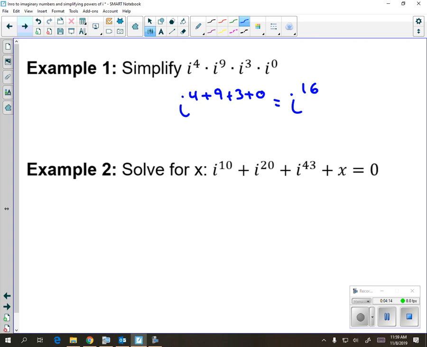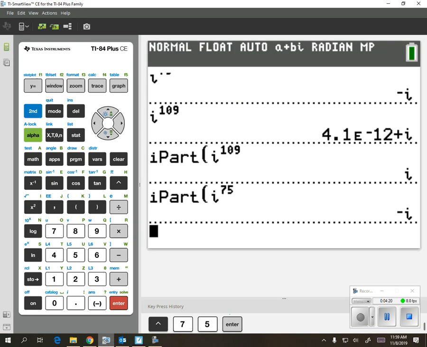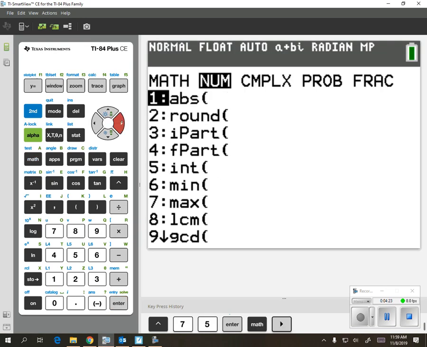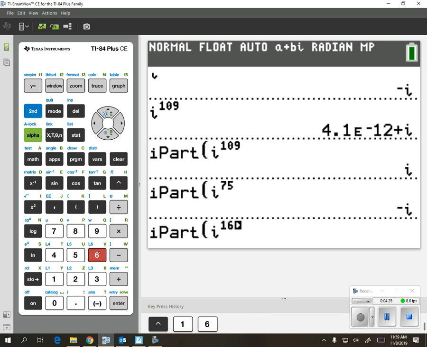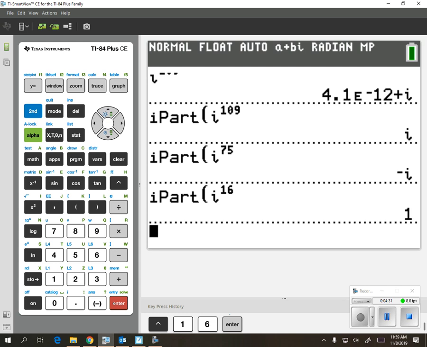And then you're going to use IPART, I to the 16th. So Math, Number, scroll down to IPART, second decimal, I to the 16th, and we get that this is equivalent to 1.